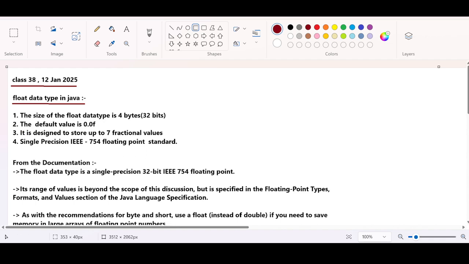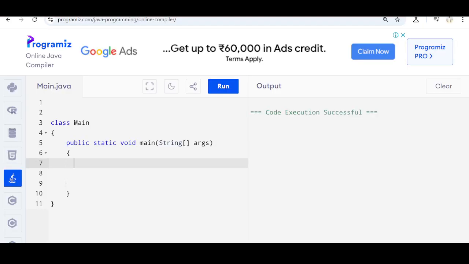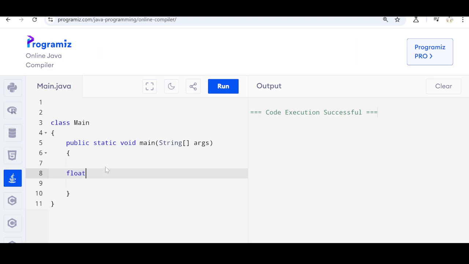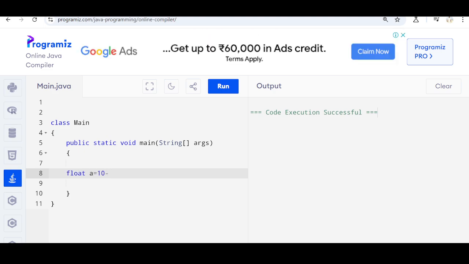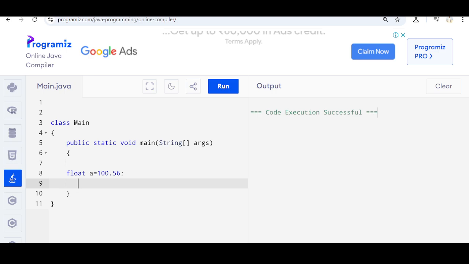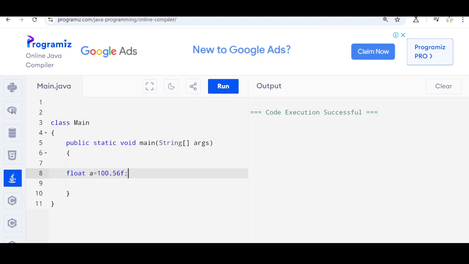But if you want to represent any floating point value, for example, if you have a floating point like f equal to 100.56, it is very imperative to suffix the floating point literal with f. It can be either the capital F in uppercase or f in lowercase.